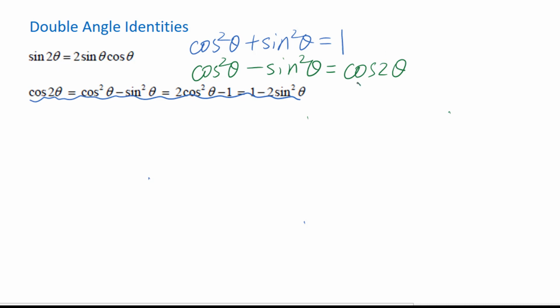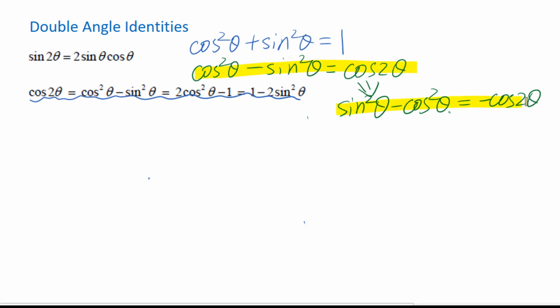Also, if you have sine square theta minus cosine square theta, you will get negative cosine 2 theta. Try to remember these two twisted forms from this formula.